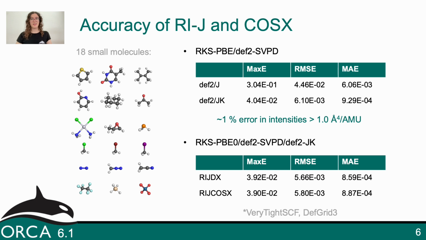And then looking at the hybrid functional, if we take a look at what happens with using COSX on top of, in addition to just RIJ, the error basically does not get worse with the default grids. So these two approximations should be safe to use and speed up the calculations quite a bit.